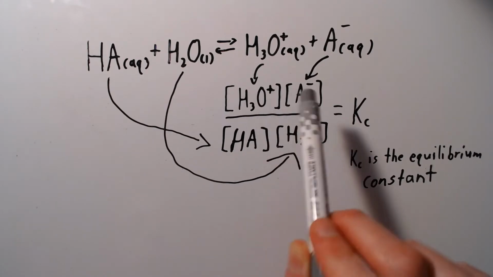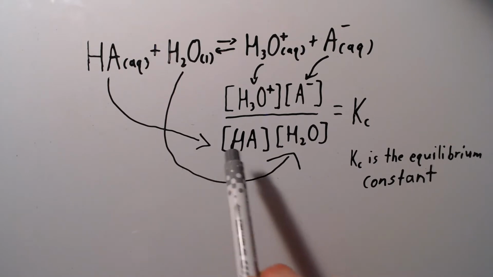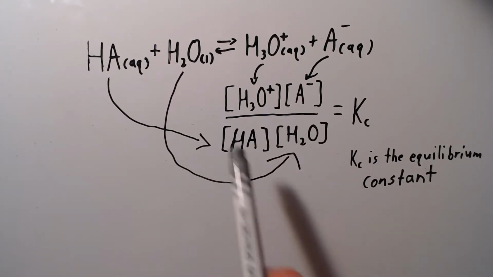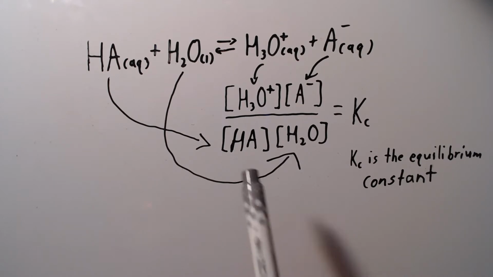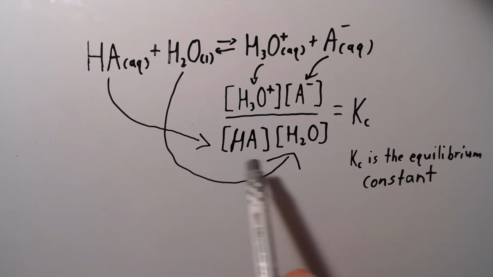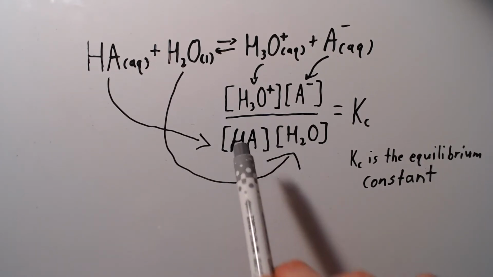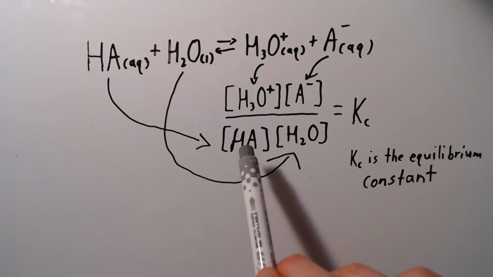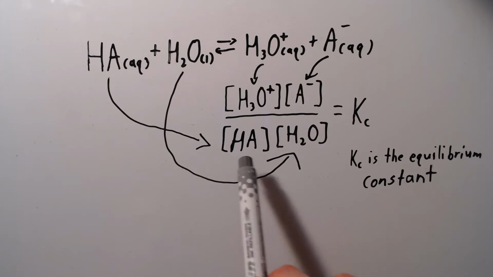And also, all of these have these brackets surrounding them. The brackets signify the concentration of the substances. So basically the brackets mean that whatever number we write here will signify the molar concentration of the substance.